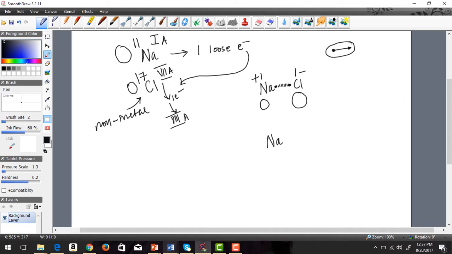So, people also write delta plus, a partial positive charge on sodium, and delta minus, a partial negative charge on chlorine. Both are correct. Whichever one you like you can use. If you want to be a little fancy, you can write it this way. So these are ionic compounds.